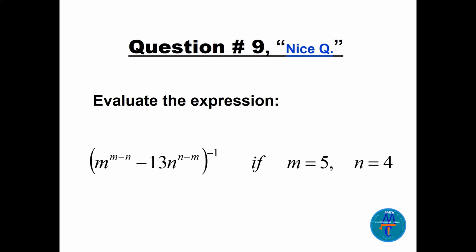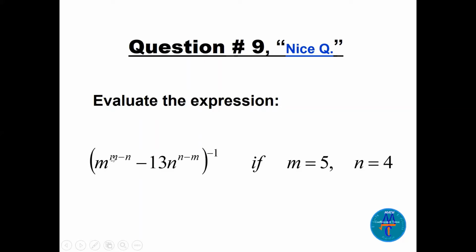Let's see the last question. Same idea here. Evaluate the expression. I think the numbers are easier maybe. M to the power m minus n minus 13n, the power n minus m, all to the power minus 1. If m equals 5, n equals 4.